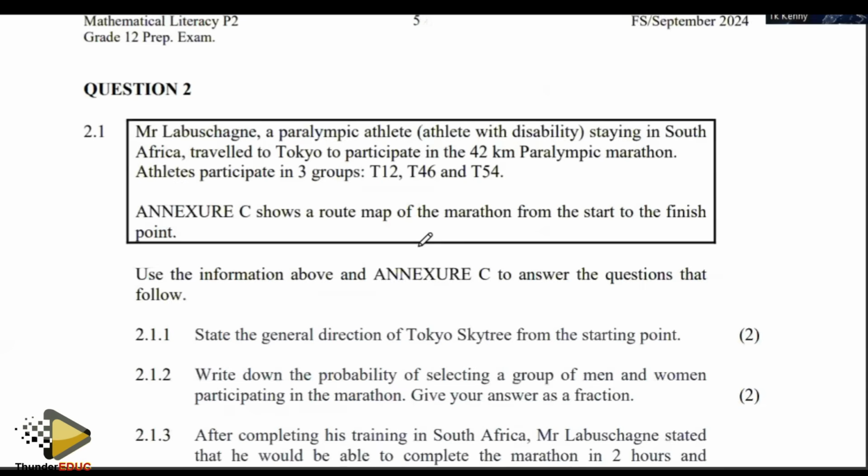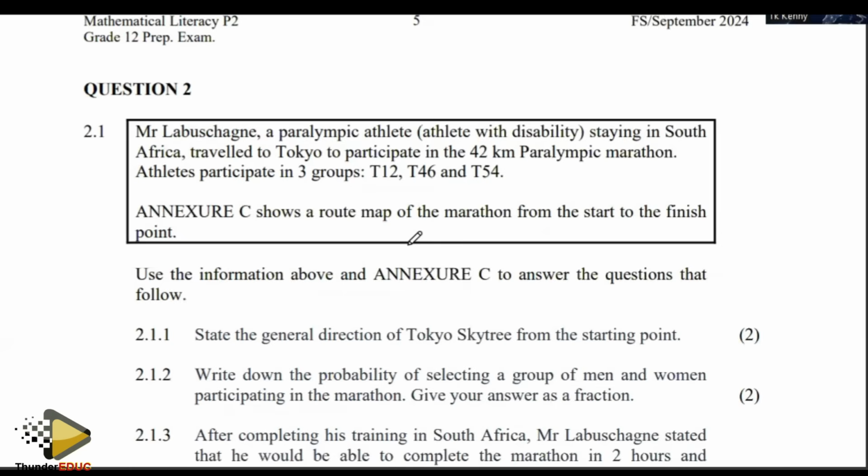Number 2, it talks of Mr. Labushan. Okay, an athlete with disability staying in South Africa traveled to Tokyo to participate in the 42-kilometer Paralympic marathon.